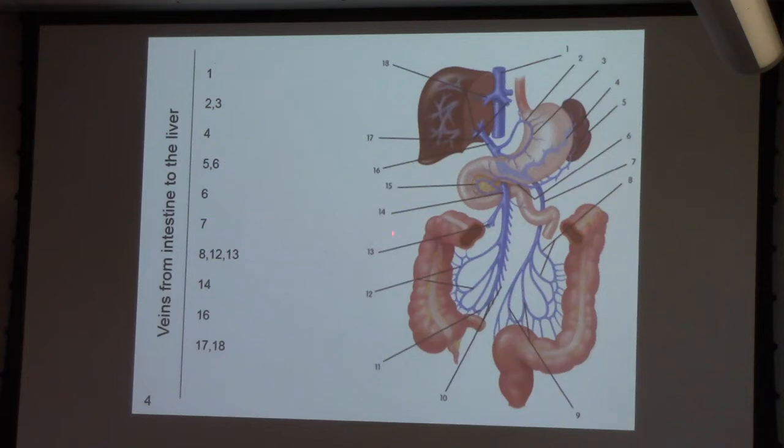Exactly, so 8, where is it? 8, no, not 14. So 8, 12, and 13. Oh, so 8 is labeling colic veins, we're not gonna worry about that. 8, 12, and 13 are labeling colic veins, but 7 is the inferior mesenteric, and 14 is the superior mesenteric vein.